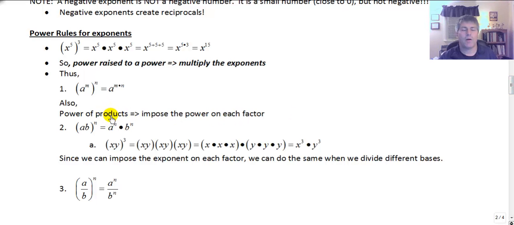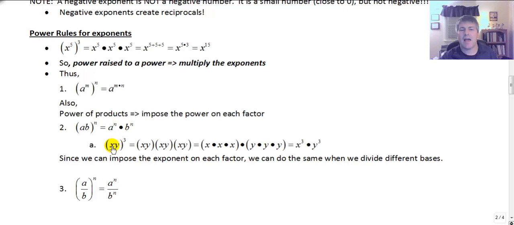There's another power rule for exponents called the power of products. And I'm going to prove this one, it looks like. We impose the power on each factor. This is a times b to the n. It's equal to a to the n times b to the n. So here's an example of that.